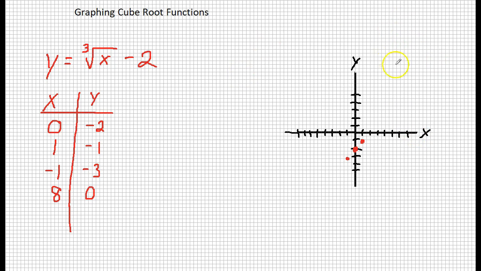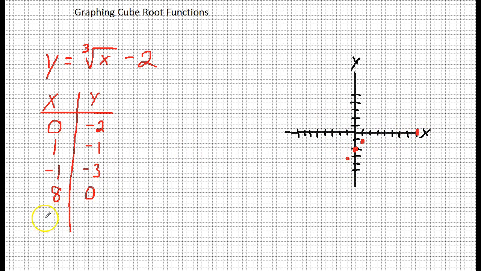So let me put that on there. And this would be 8: 1, 2, 3, 4, 5, 6, 7, 8. Yep. Alright. Let me get my right color again. 8, 0 right there. So see how it curves over this way. Big difference between those 2 points for the next whole number coordinates.